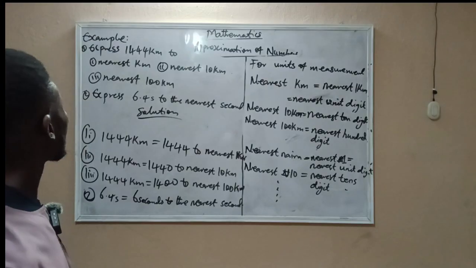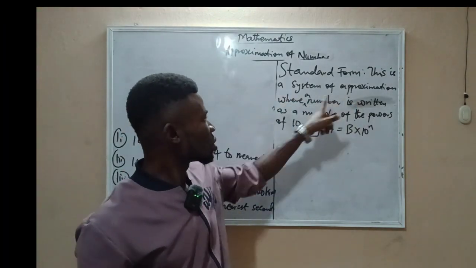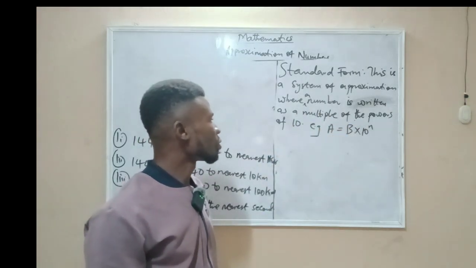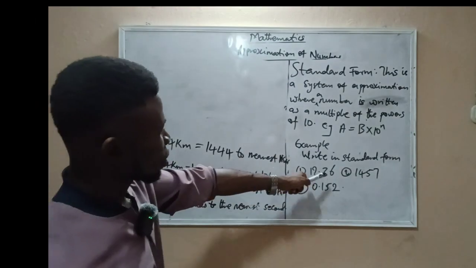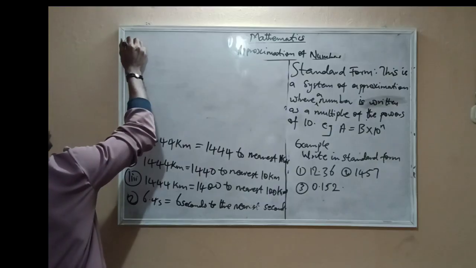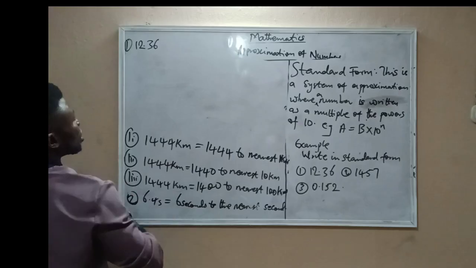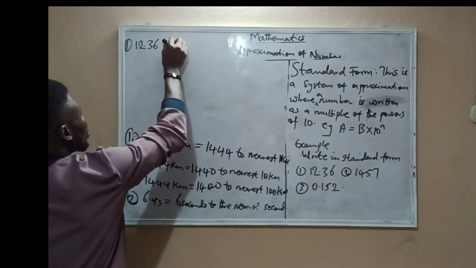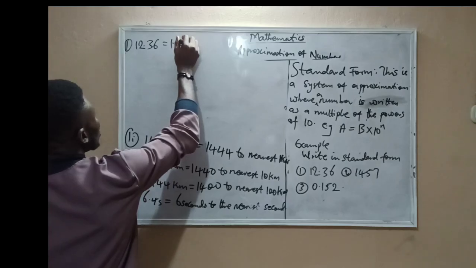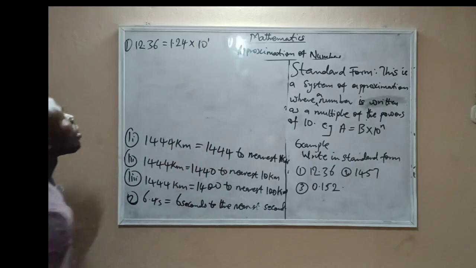Now, the last one is standard form. This is a system of approximation where a number is written as a multiple of the powers of 10. Example, write in standard form. The first one is 12.36, and that is the same thing as 1.236 times 10 raised to power 1.